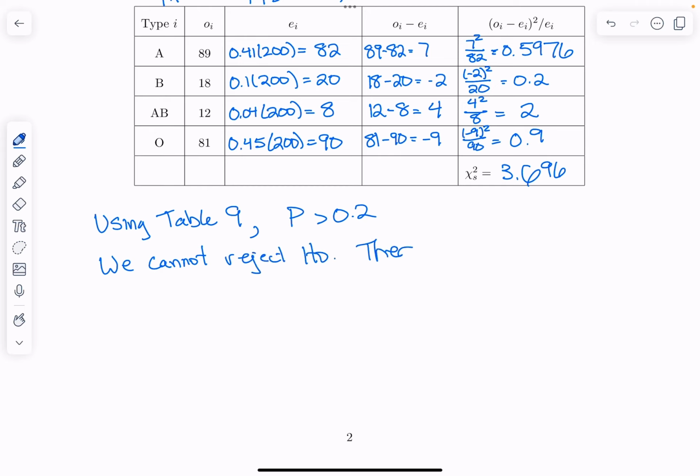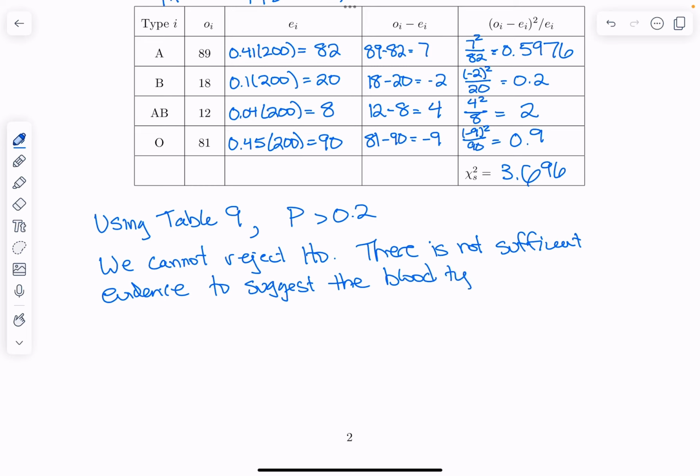And there is not sufficient evidence to suggest the blood type proportions are currently different from the historical ones.